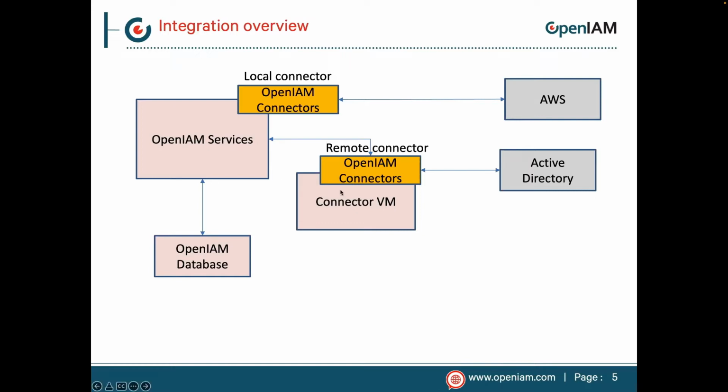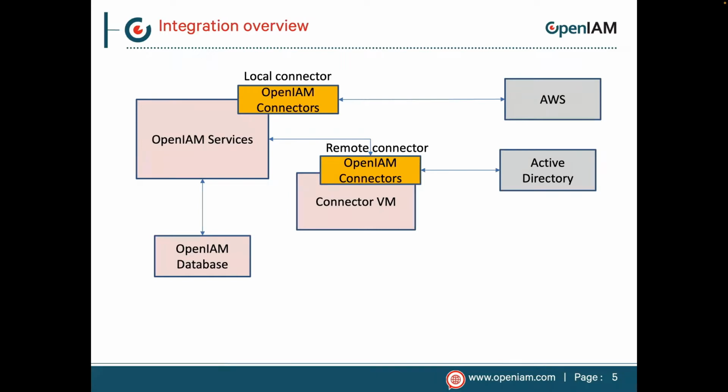We can also deploy connectors on a separate connector VM. This is especially true for what we're going to be doing today, and there are many reasons why you may want to do this. First of all, if you're working with the Microsoft world, all of our connectors for the Microsoft world are written in .NET and PowerShell.